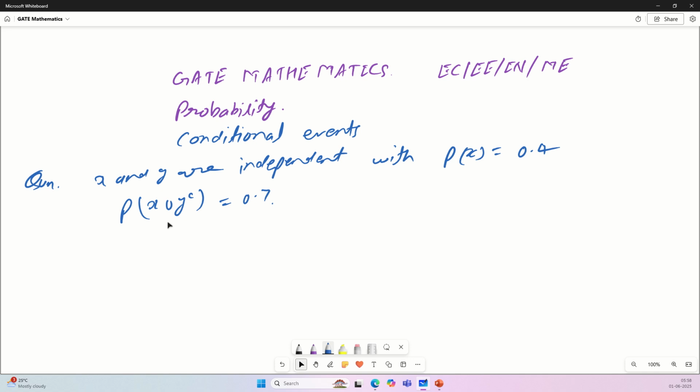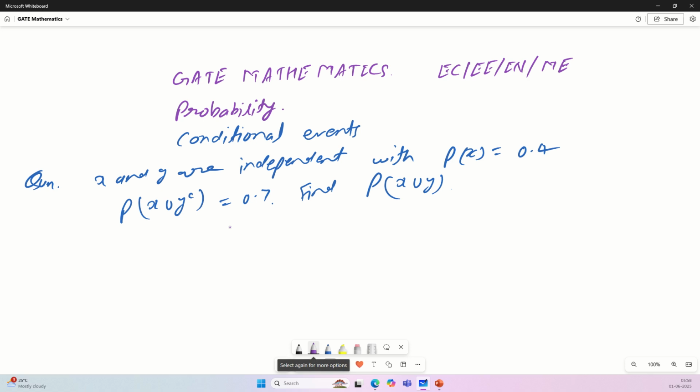It means it is given that probability of X union not Y is 0.7. Find probability of X union Y. So this is the thing that we have to find out. Okay, so can you take a moment and try to find it out?